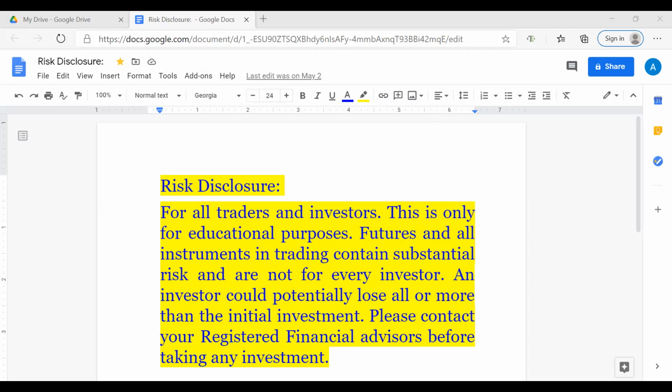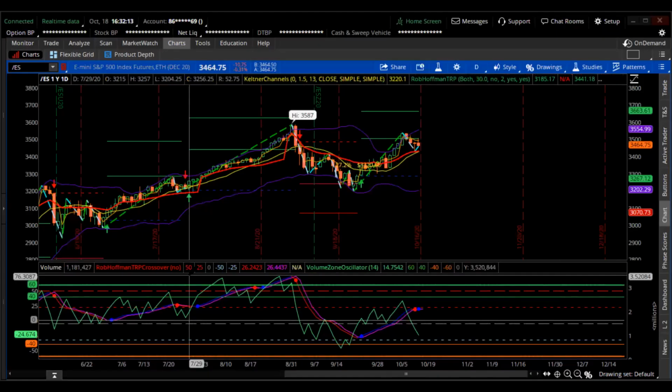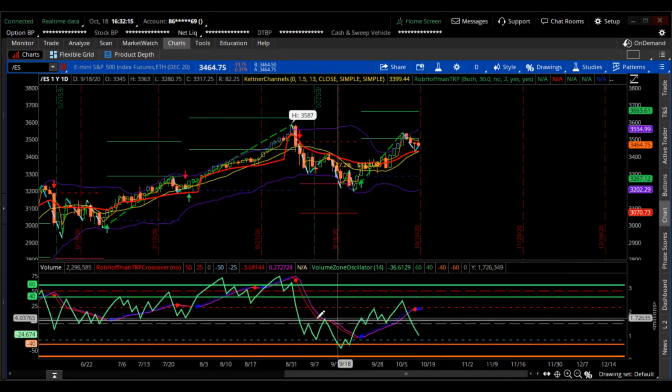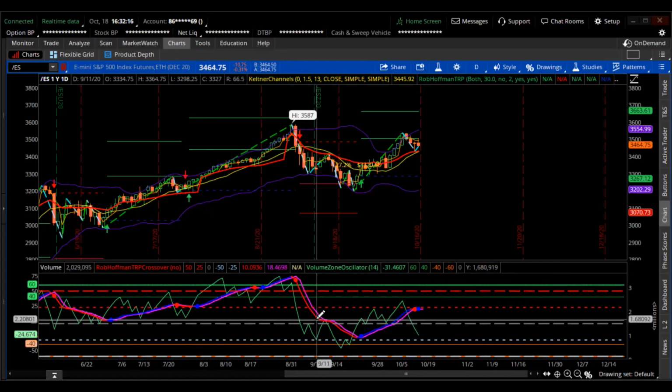So what I have in here is Thinkorswim. If you never had Thinkorswim, this is by TD Ameritrade. A lot of people use it because they have a good platform.